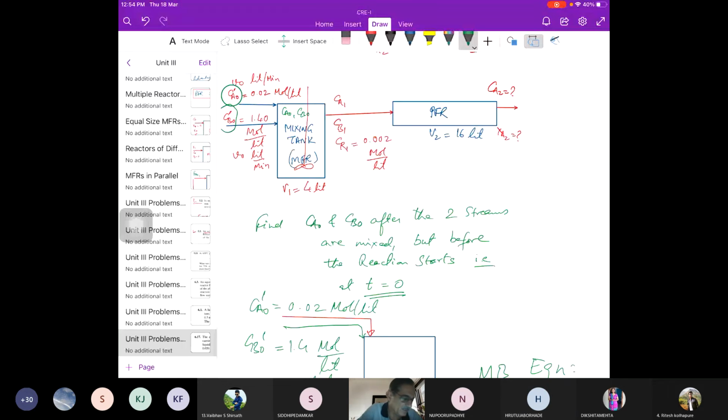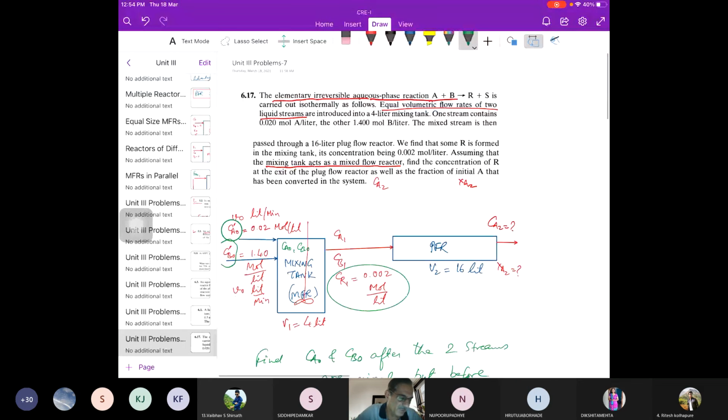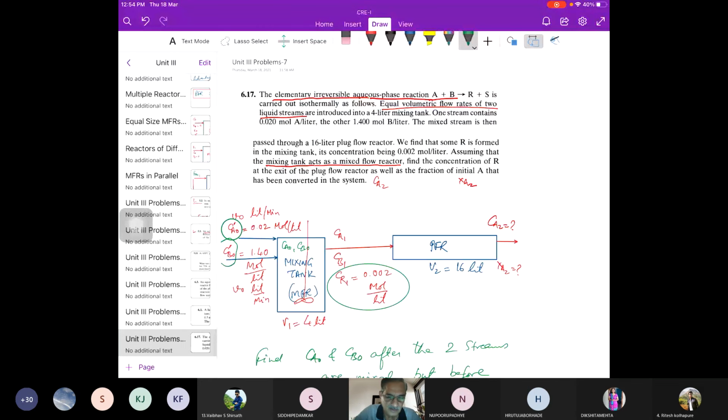Right. So this value we can use to find out how much is reacting in the mixer or mixing tank or mixed flow reactor, right? And we know 1 mole of A gives 1 mole of R. So 1 mole of A reacts to give 1 mole of R, whatever.